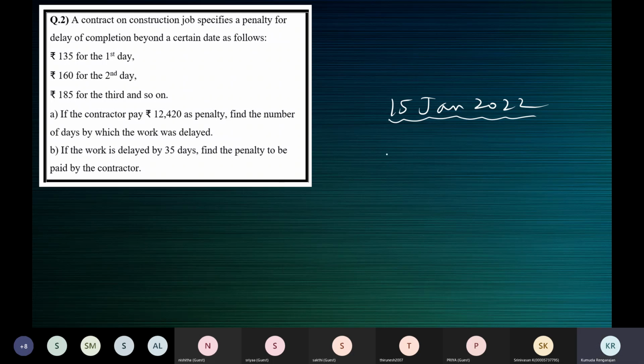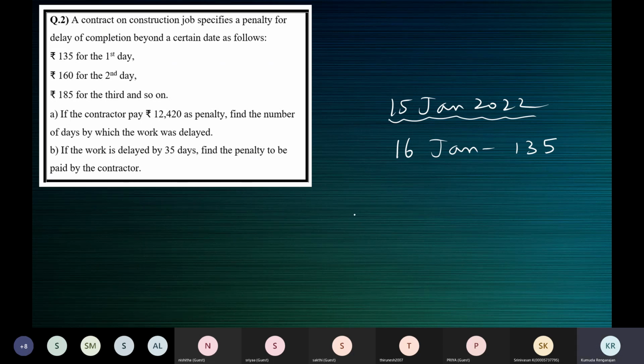The contractor has to pay a penalty of 135 rupees for the first day. That means for 16th January, he has to pay 135 rupees. Now, supposing he finishes the work on 16th January, the penalty he'll pay is only 135 rupees.